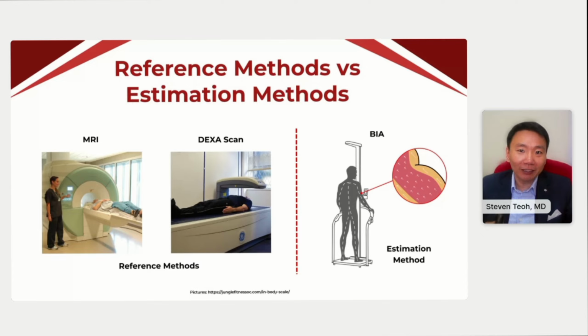The reference method means here MRI, CT scan, DEXA scan, and 4C model, which are used to measure or validate body composition accurately, while estimation methods such as BIA use equations and assumptions to estimate body composition, which are then validated against these reference methods. So the reference is the standard that the estimation method refers to.